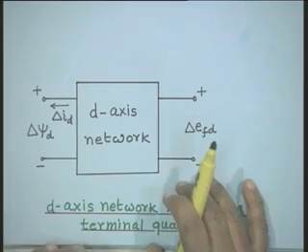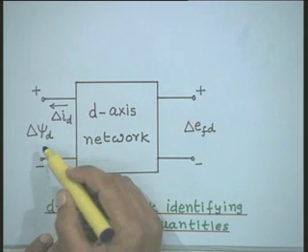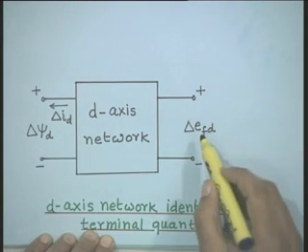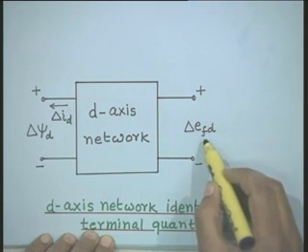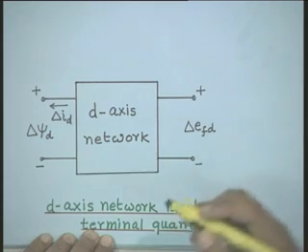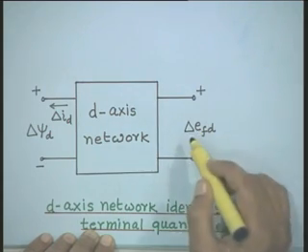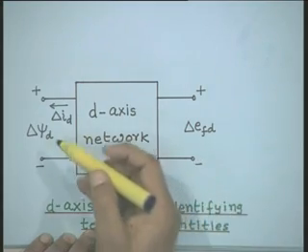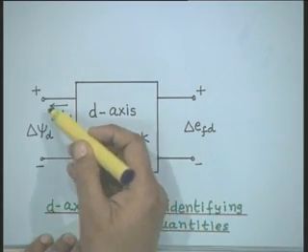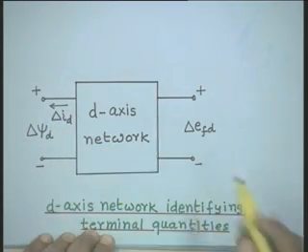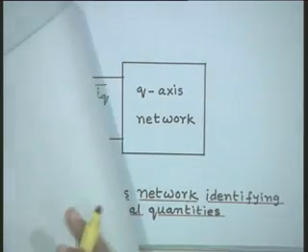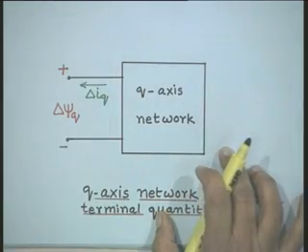Now, in these two diagrams, instead of showing the current ID, flux linkage psi d and applied voltage EFD, we will be representing these in terms of small perturbations. So the input quantity shown is delta EFD and the output quantities are delta ID and delta psi d. Similar is the situation in the q axis network.